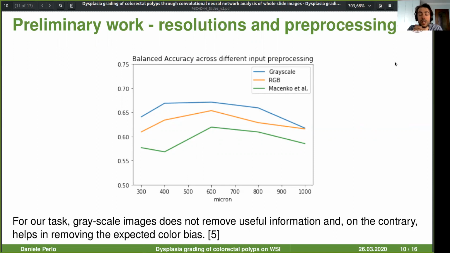And we find that working with grayscale patch images does not remove useful information, and on the contrary, helps in removing the color biases. That is the blue line, and the RGB, the raw one, is the orange one. The same goal is not reached by using tissue normalization techniques, the green line, like Macenko.